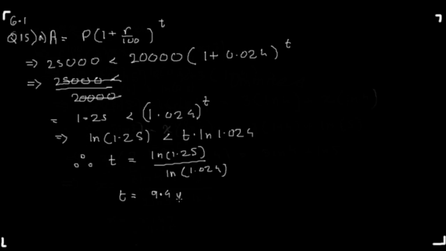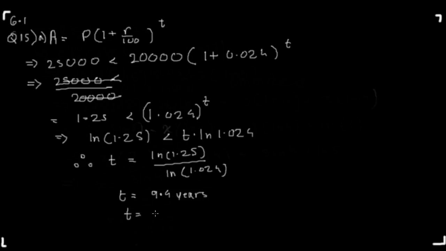9.4 years. Since you're used to doing algebra, you might think maybe I'm gonna have to round this down to 9 years, or maybe put the 0.4 years in months. But no, it's actually 10 years.